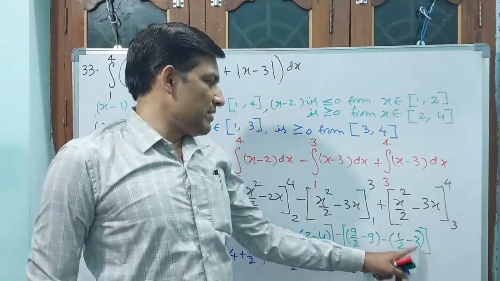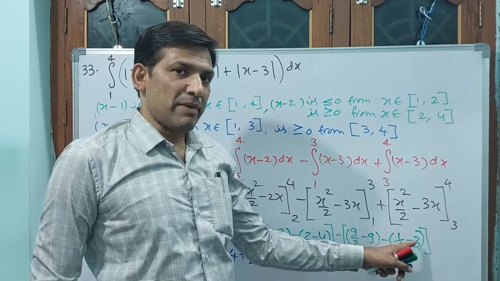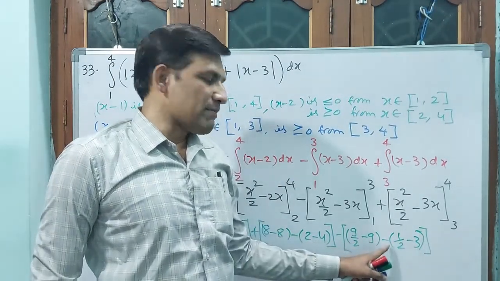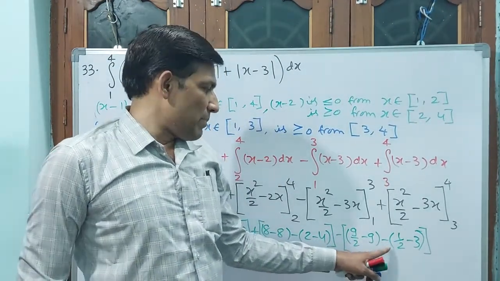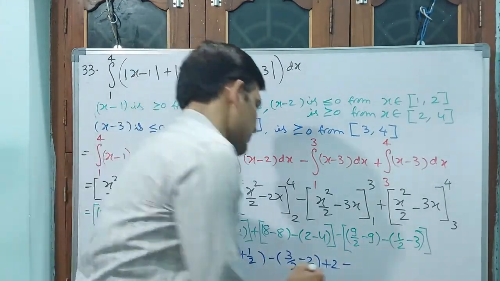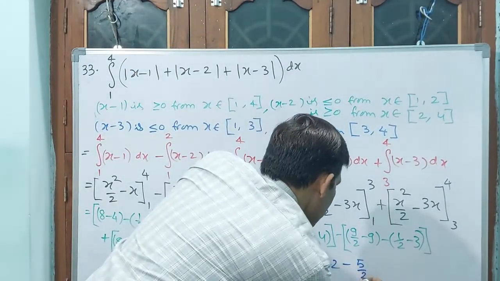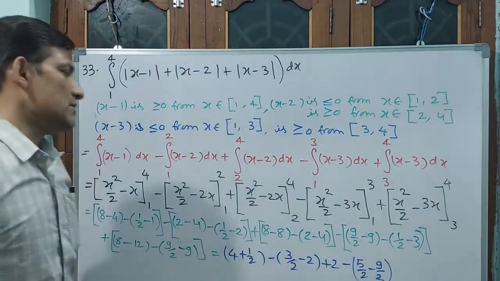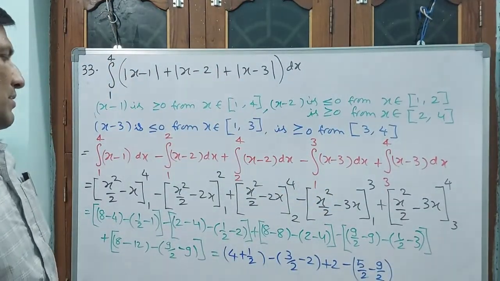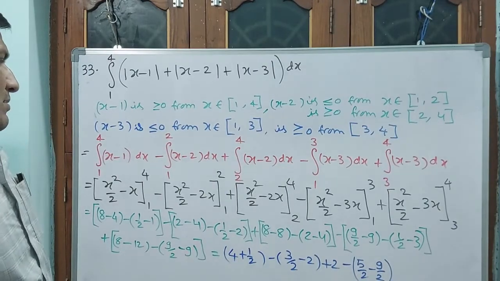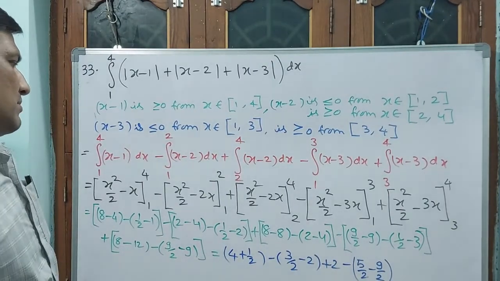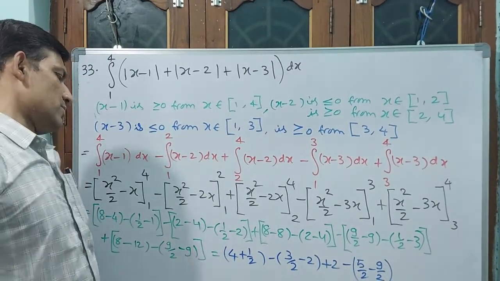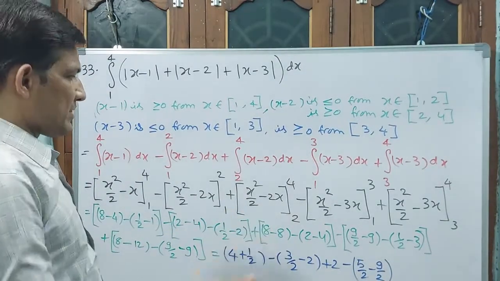1 by 2 minus 3, 1 minus 6, minus 5 by 2. Minus of minus 5 by 2 is plus 5 by 2. Plus 5 by 2 minus 9 by 2. Keep this bracket. Is it okay? Plus 5 by 2. 9 by 2 minus 9 is minus 9 by 2.